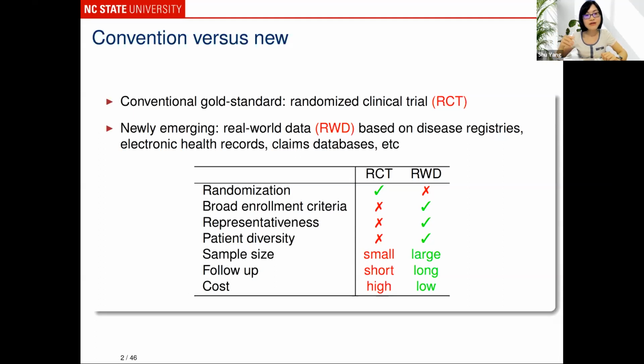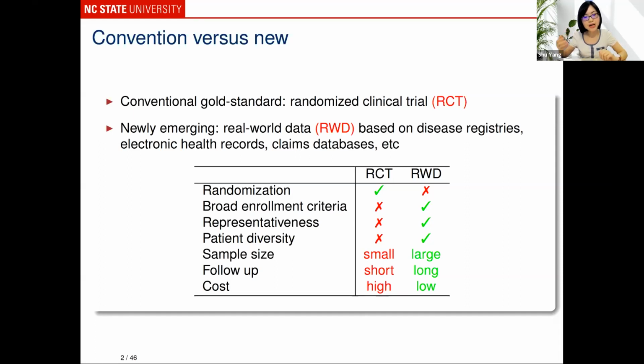On the other hand, we have seen that real-world data are becoming increasingly available for research purposes. They can come from various sources, such as population-based disease registries, electronic health records, billing and claims databases, and so on. And because of the real-world data collection mechanism, the underlying population is more representative of the target population.